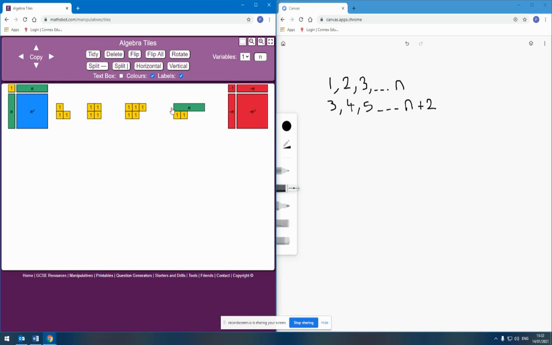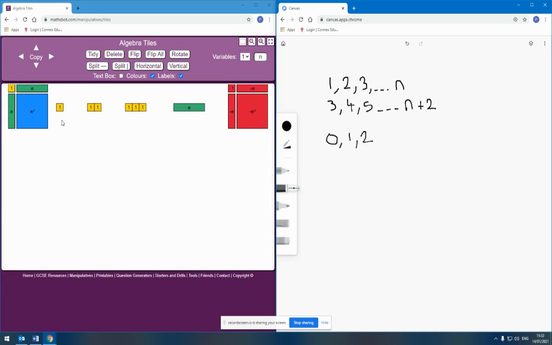And similarly, instead of adding terms to n, I might subtract. So I might say, well, what about the sequence 0, 1, 2? And I can do the same thing.